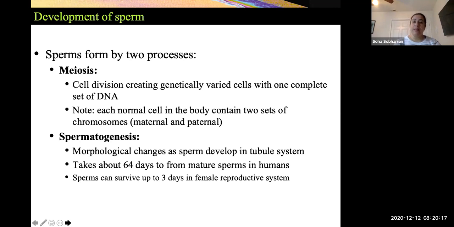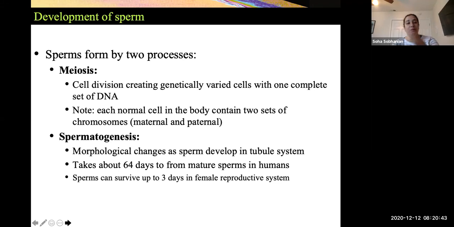Now notice this, guys. The process of spermatogenesis takes about 64 days for sperm to mature in a human. So it relatively takes a long time for the body to produce a sperm. However, do note that this is happening on an everyday basis, so there are always some sperm being matured on a daily basis.